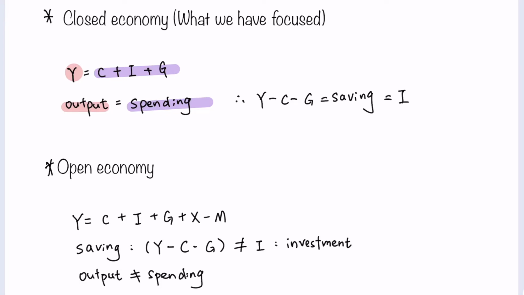So under this case, the output no longer equals the spending of the nation. When we allow the analysis to be based on an open economy, the analysis will be more complicated, because now the domestic goods market is no longer in equilibrium, because the total amount saved does not equal the total amount invested.